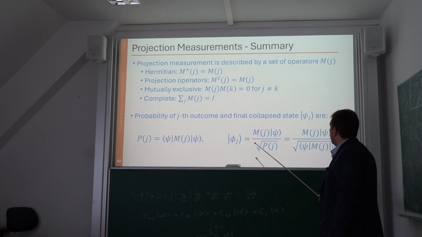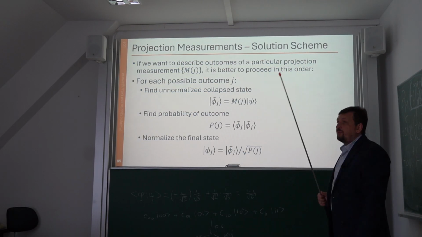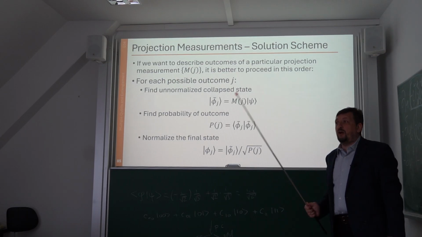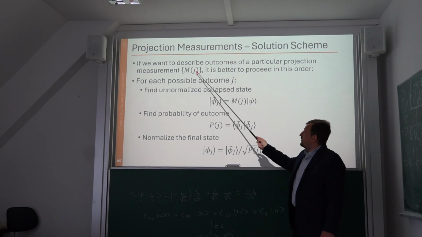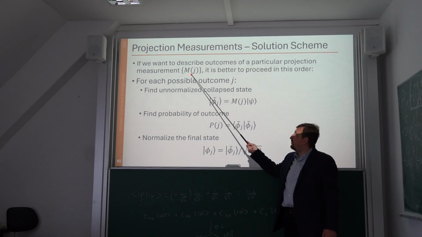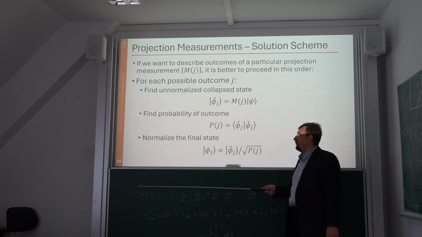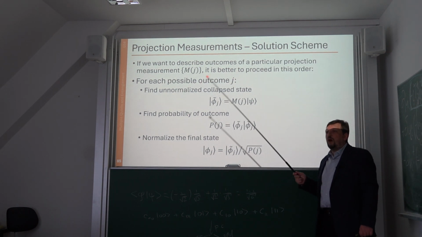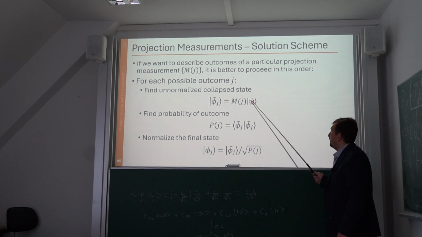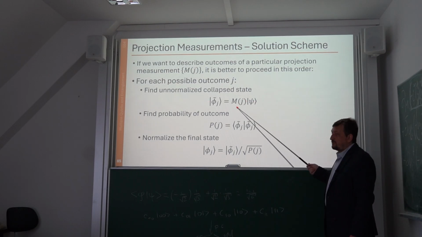Okay, so this is the summary. Now, how to do these calculations when you need to do them? First, formulate the measurement operators, the projection operators. Sometimes it's very simple, sometimes you need to think about how to define them, but usually it's not very difficult. Then you want to find the outcome of measurement. So you have a quantum system in a certain state, you find the unnormalized collapsed state.